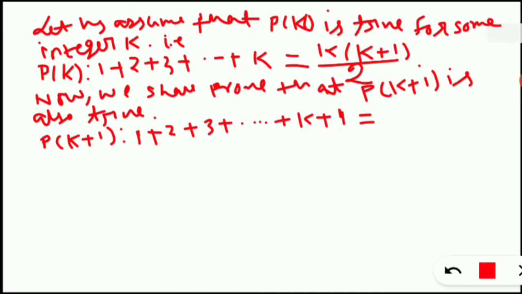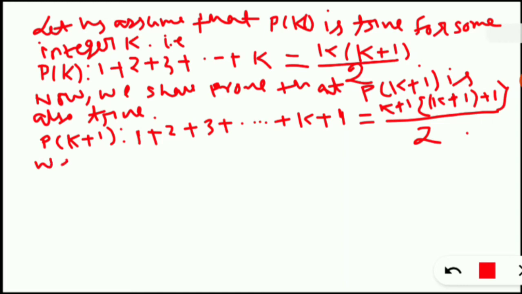That's why we shall prove P(k+1) such that 1 plus 2 plus 3 plus dot dot dot plus k plus 1 equal to k plus 1 into k plus 1 plus 1 whole divided by 2.